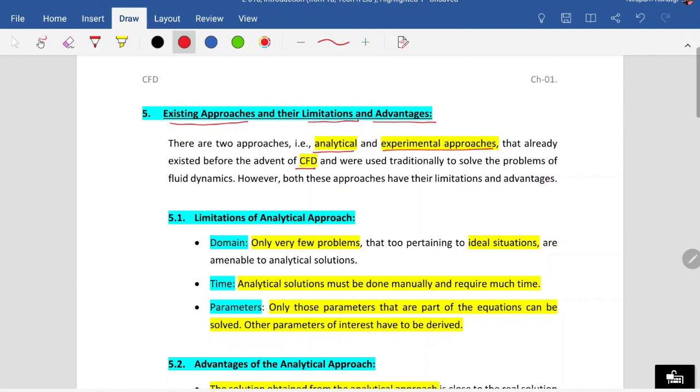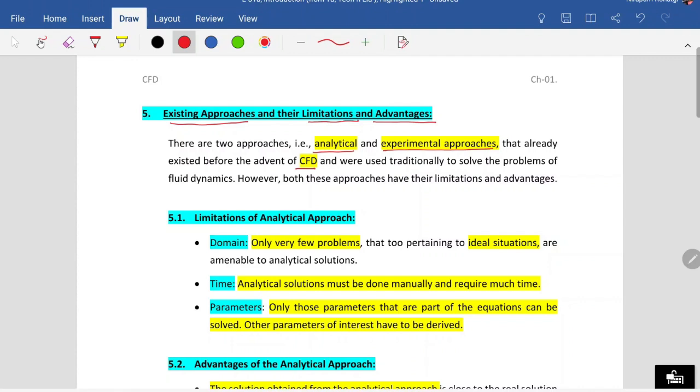They knew about the numerical methods to solve differential equations well before. But that science did not go ahead because of the capacity of calculation. We didn't have that much calculation power. So all these approaches are very old. Only thing, CFD is now dominating.